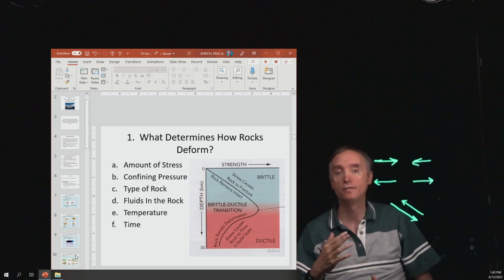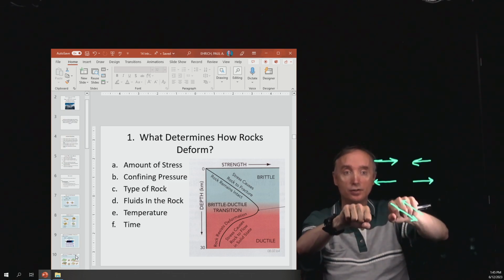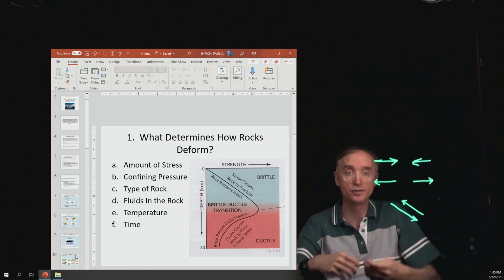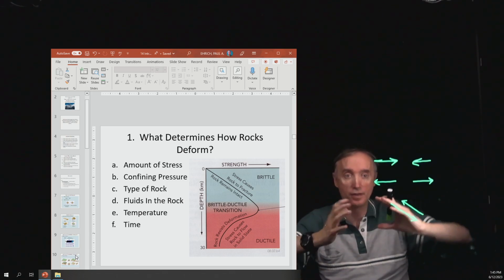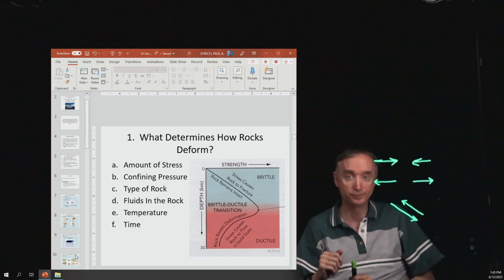Depends on the amount of pressure. So the greater the amount of pressure, the less likely it is going to be to break, because all of that pressure is going to tend to hold the rock together.